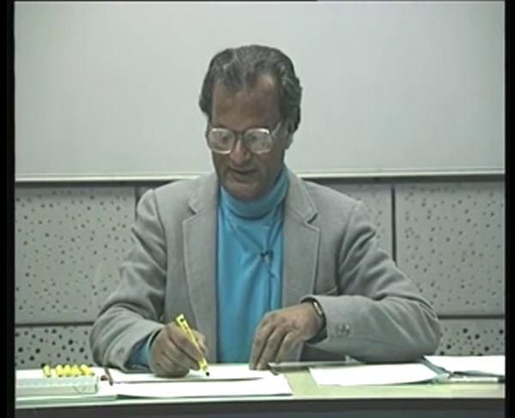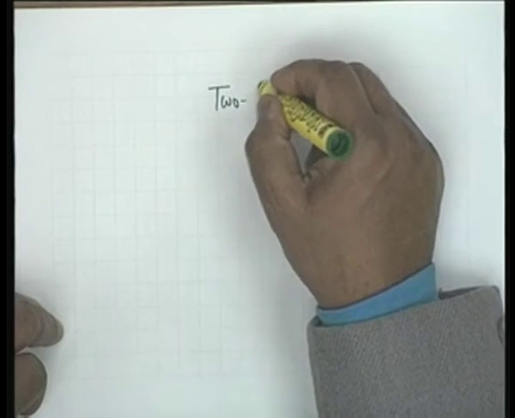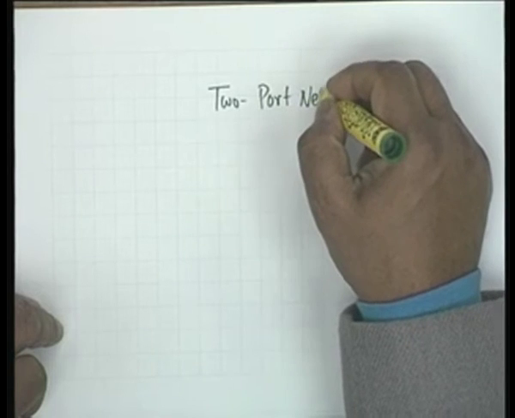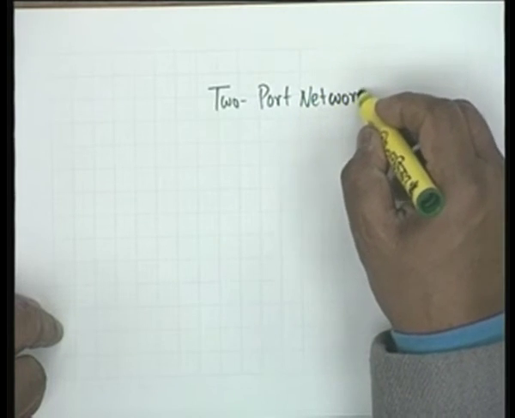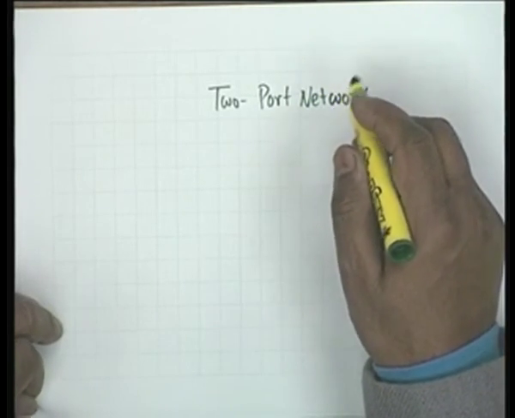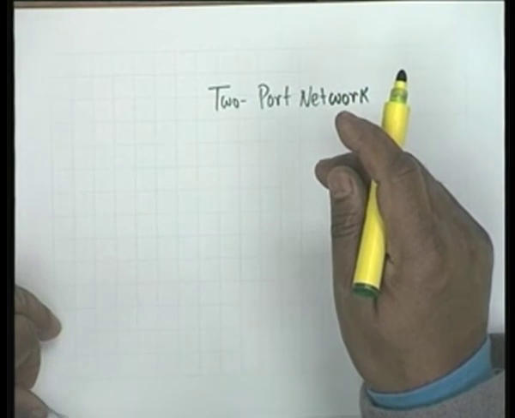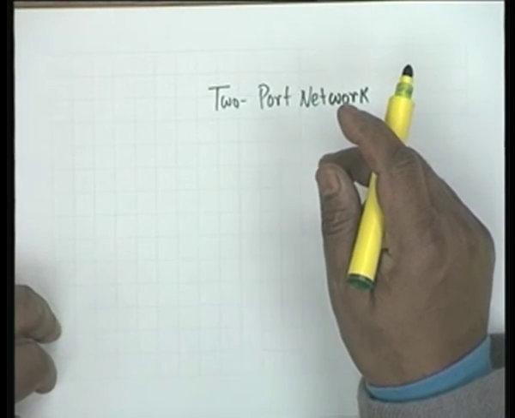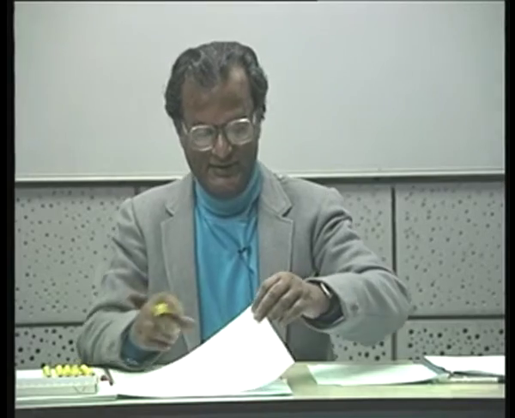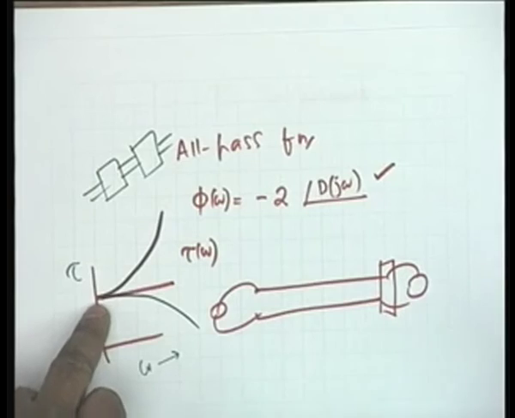Any other question? Well, we start our discussion on two-port networks. Is T0 the maximum value of delay? Not necessarily. I told you about the equalization. Obviously the maximum value is not here.